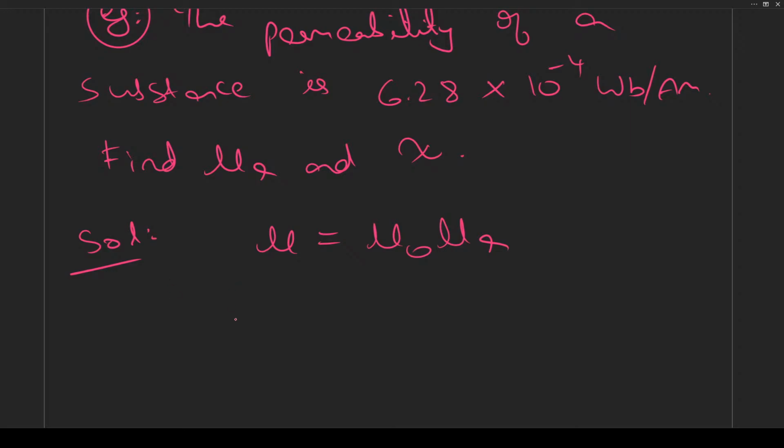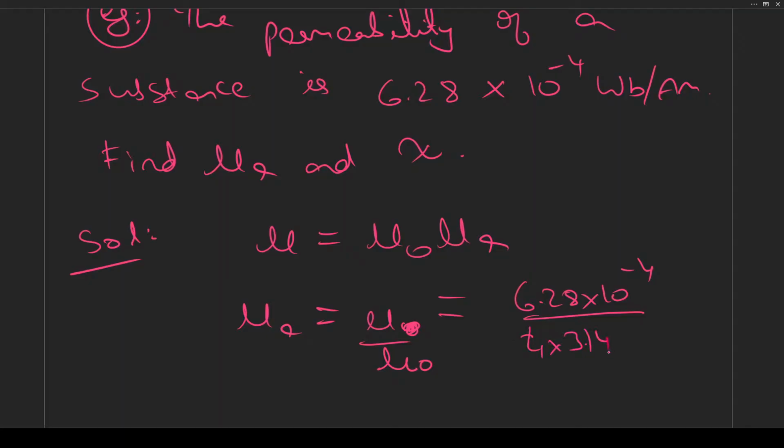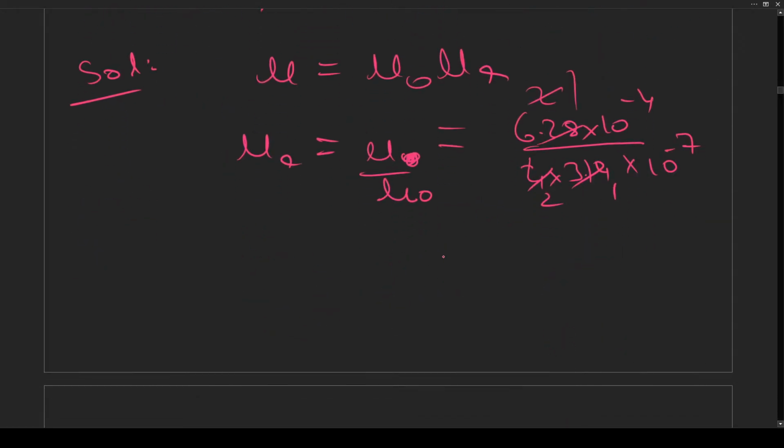So mu r equals mu by mu naught, which is 6.28 into 10 power minus 4 by 4 into 3.14 into 10 power minus 7, which equals 0.5 into 10 power 3, or basically 500.